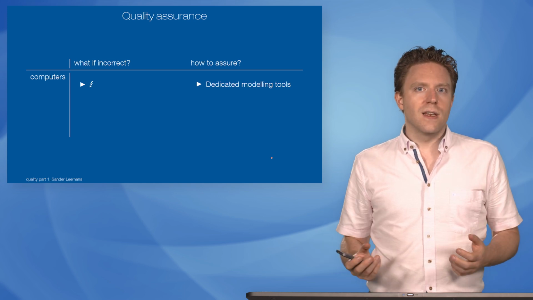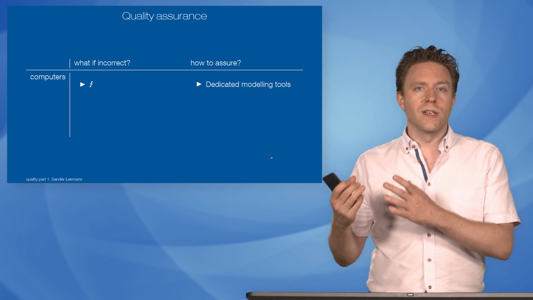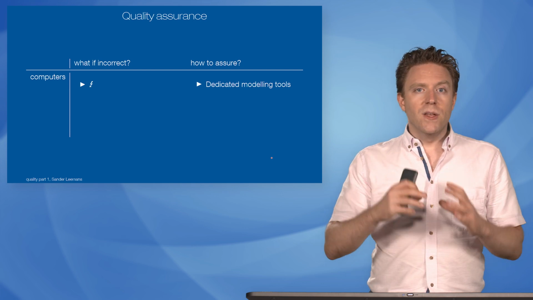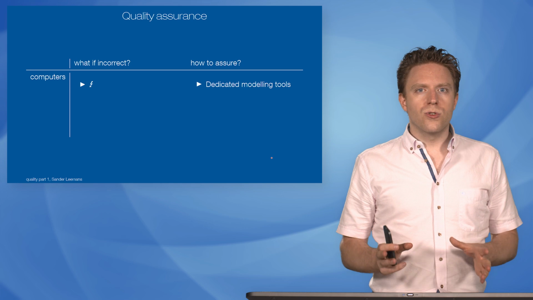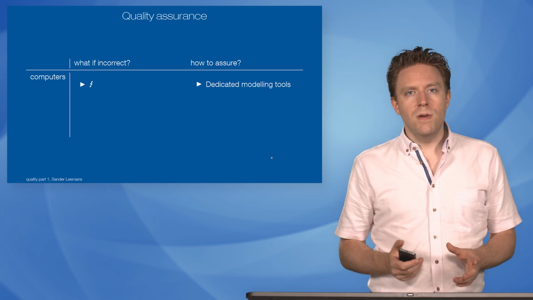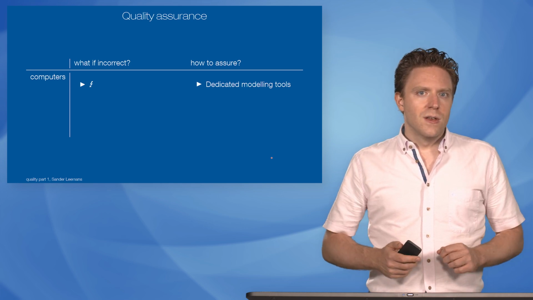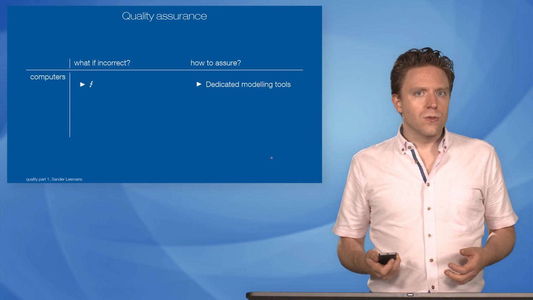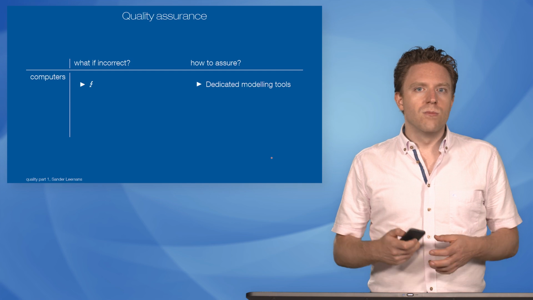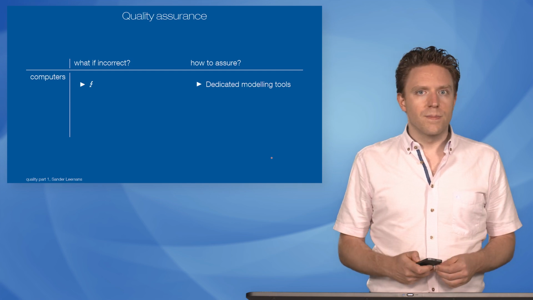If you use a dedicated modeling tool like Camunda or Signavio, they have built-in syntax checkers. By far the most rules that the BPMN standard has are already included in these tools, and these tools will warn you or give an error if you try to model something that is against the standard.